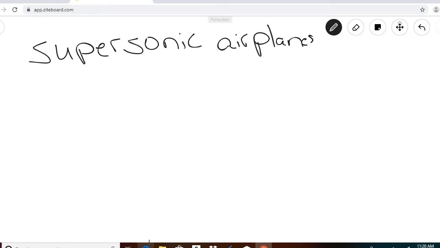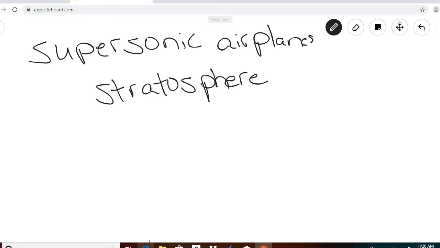So supersonic aircraft will usually fly within the stratosphere, because they can go so fast that they use much less fuel, and it overrides the amount of fuel needed to climb to those altitudes.